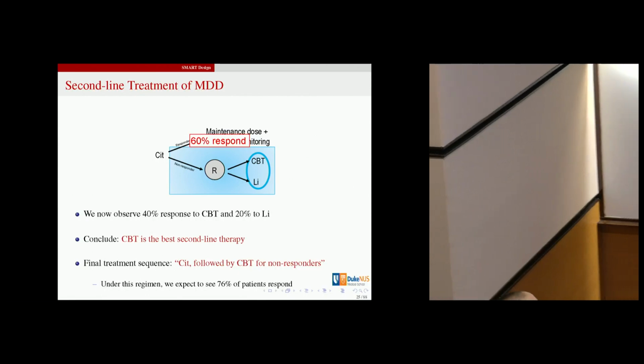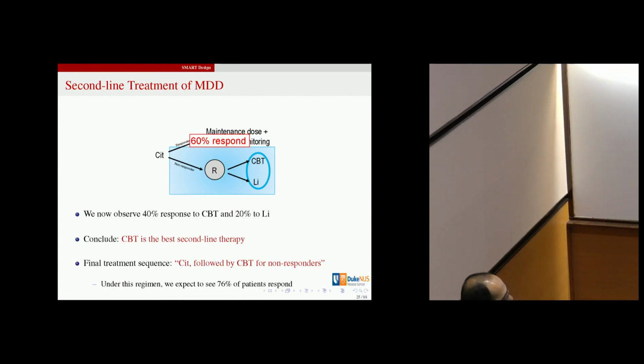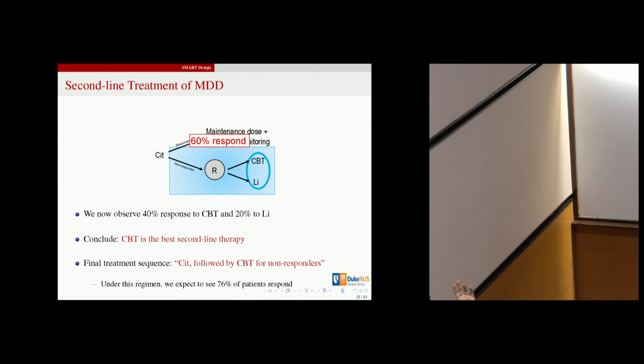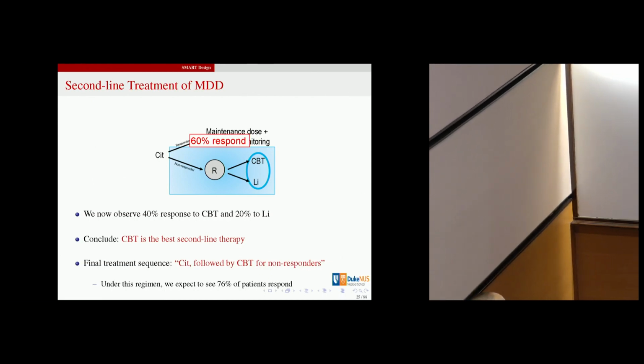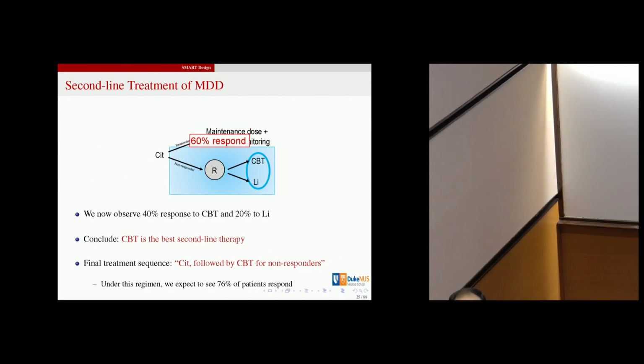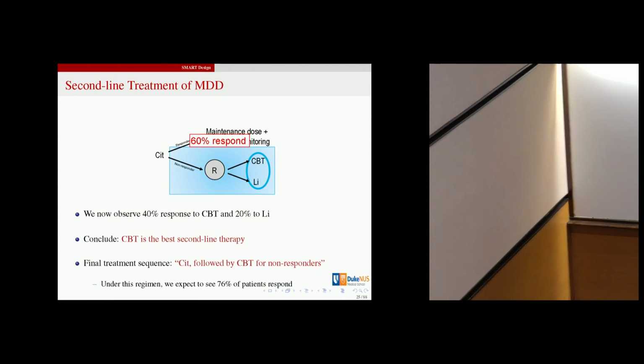That's trial data. And then the final treatment sequence: we are considering an approach where we are stitching together evidence from two different single-stage trials, right? So the final recommendation for the sequence then becomes: you give citalopram followed by CBT for non-responders, right?